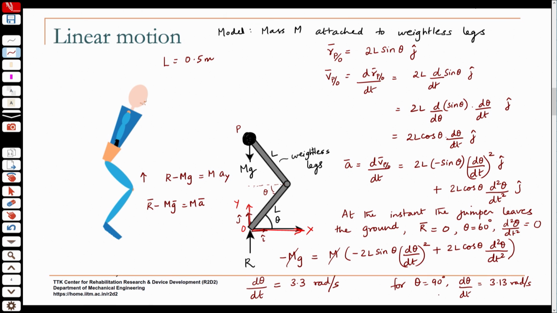Okay, let us look at it. Actually, for theta equal to 90, you are getting a lower d theta by dt. So it is likely that you will leave the ground. That is a better initial condition than theta equal to 60 degrees, because you are accelerating, right?